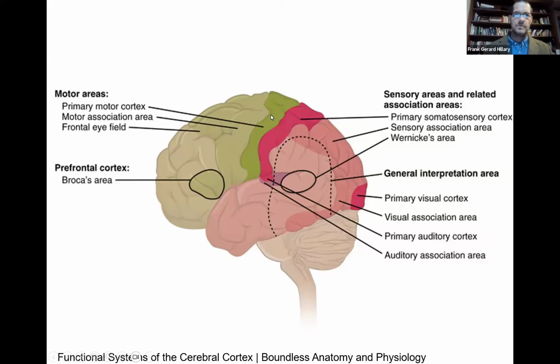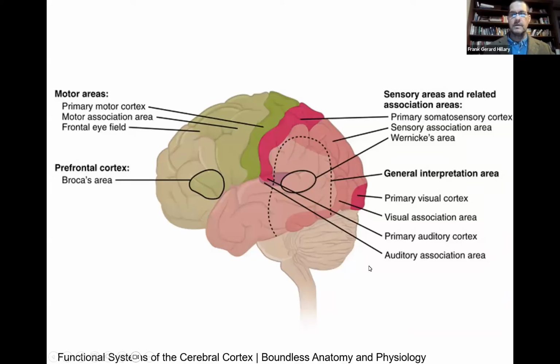I mentioned the motor area here in the green, the somatosensory area here in the red. The motor area is gross motion or motor movement, such as moving your hand. The sensory area is the sensation in your hand, on your skin, if it's touched or you bump against something, you can feel it. Primary visual cortex, or V1, is in the back, and so on.